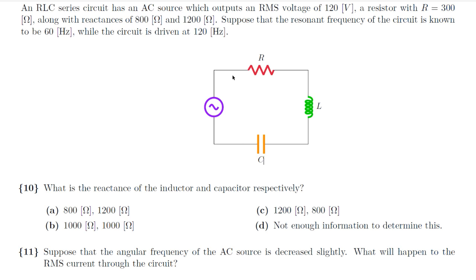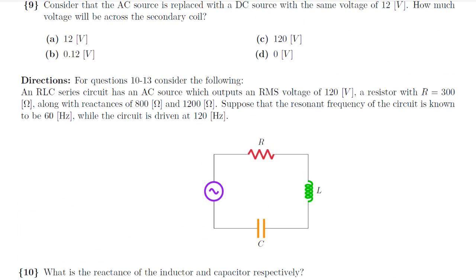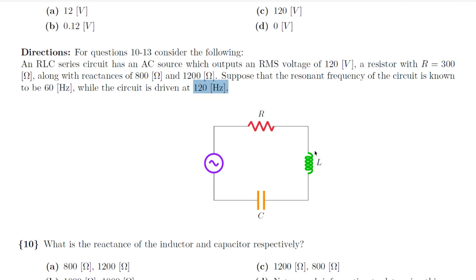Now, those are good conceptual ideas to understand. Notice that our resonant frequency is 60 hertz and we're driving it higher than that. So if we're leaning towards higher frequencies relative to the resonant frequency, running it at higher frequencies means that the inductor blocks it more than the capacitor does.